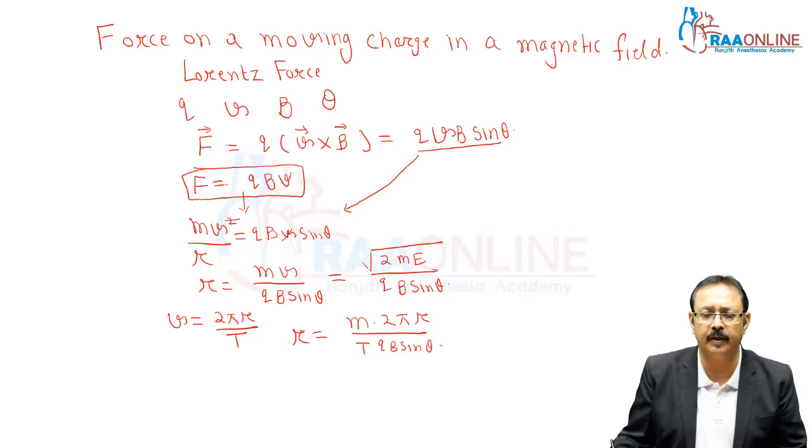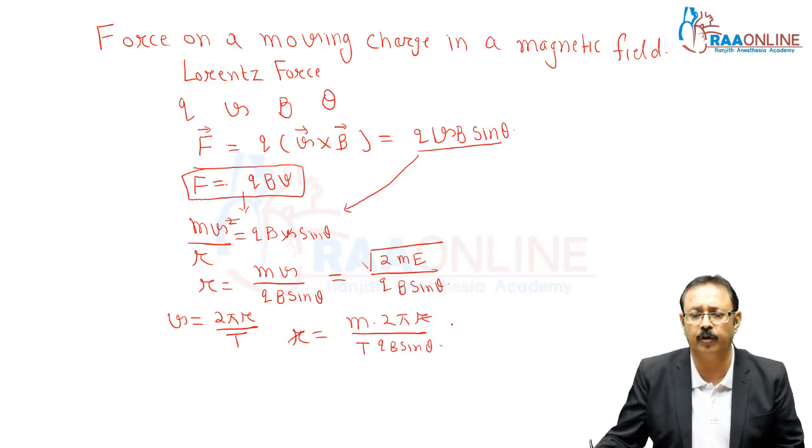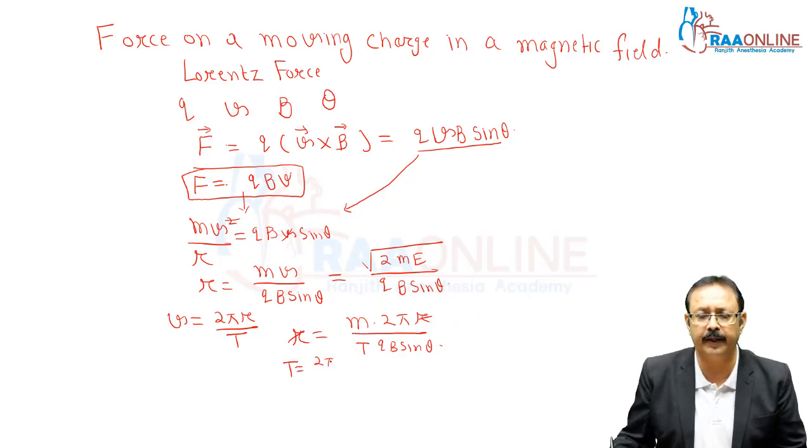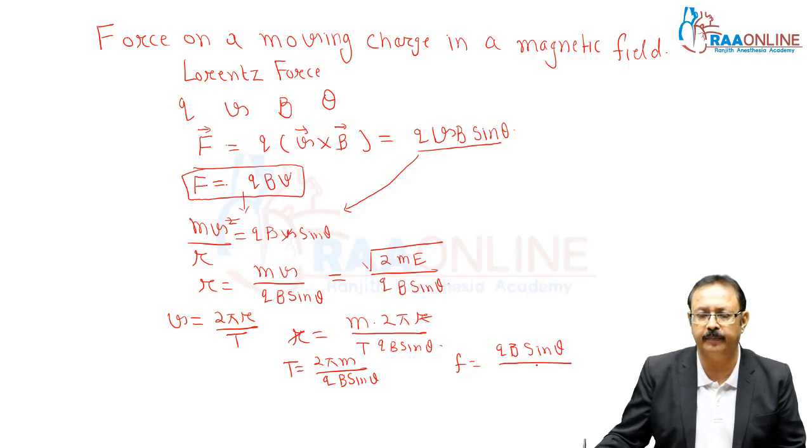R will be cancelled out and you will get the formula for T. T equals 2 pi m by qB sine theta, and the reciprocal of T is frequency, so frequency will be qB sine theta divided by 2 pi m.